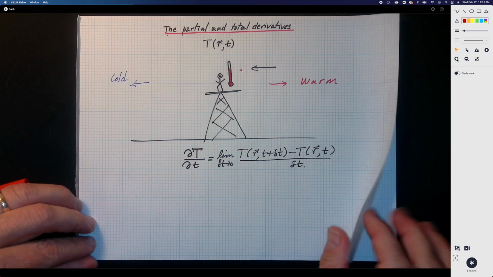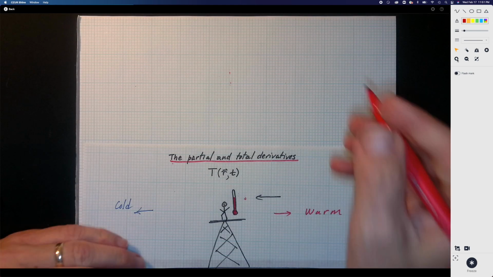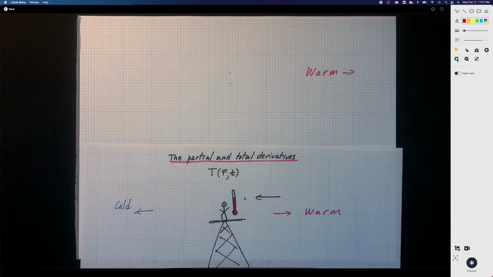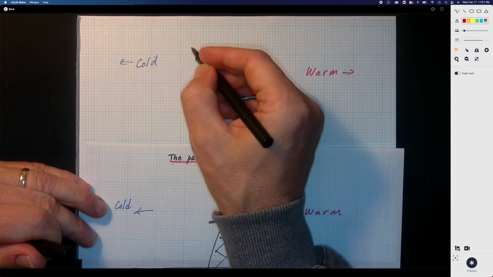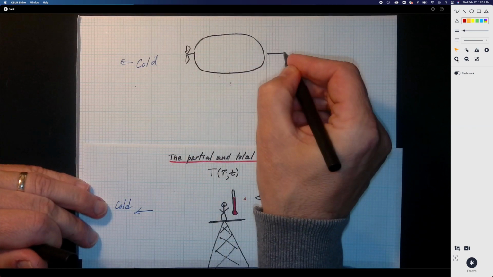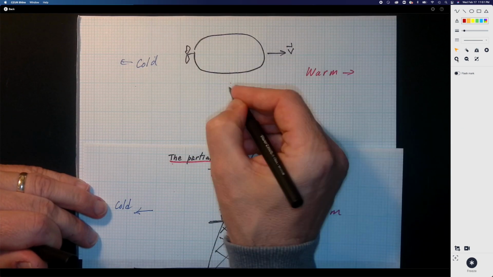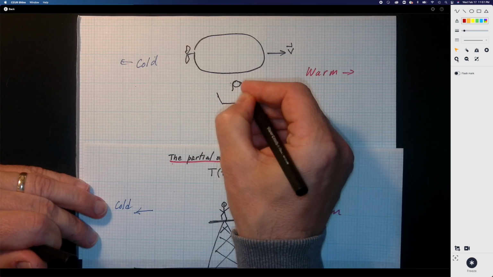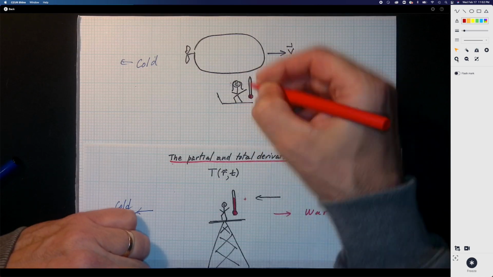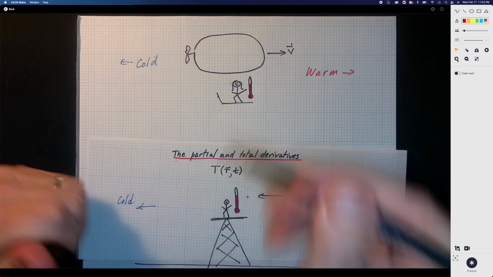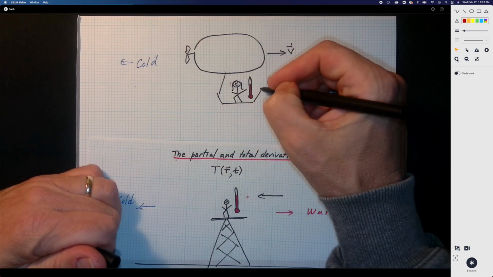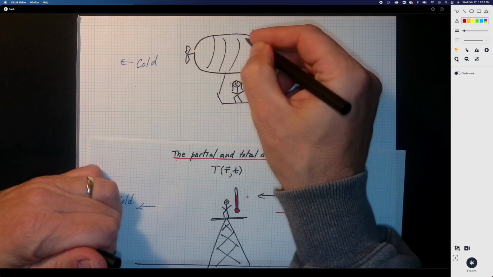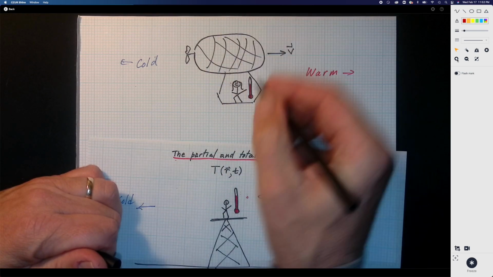Now, in the second example, we're still going to have generally warm air over here and cold air in this direction, but this time the observer will be moving. So we're going to have some blimp moving at a speed v, and on this blimp there will be a basket with an observer. Now this time I've got to tie the basket to the balloon, otherwise she's going to fall and she won't be so happy.